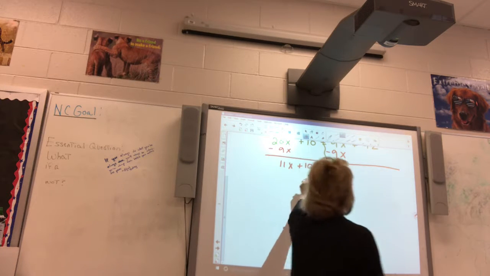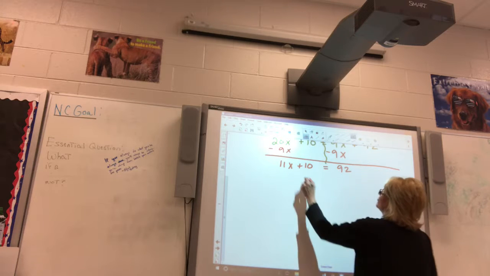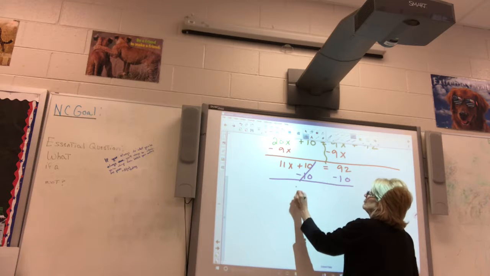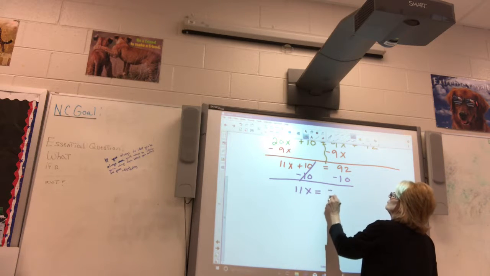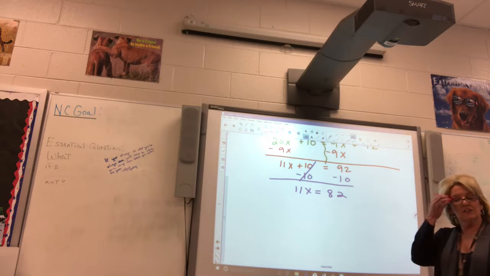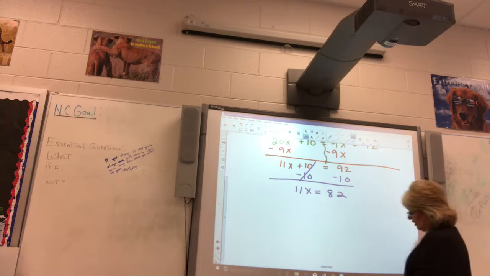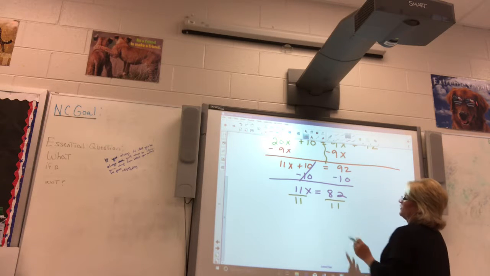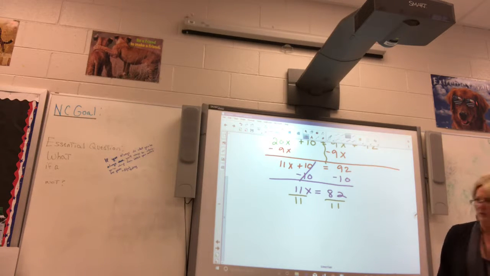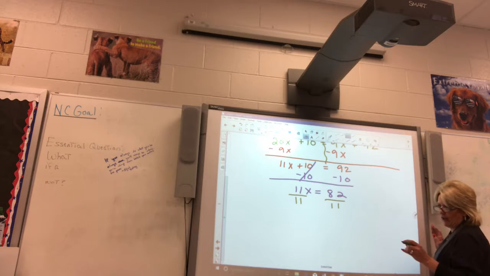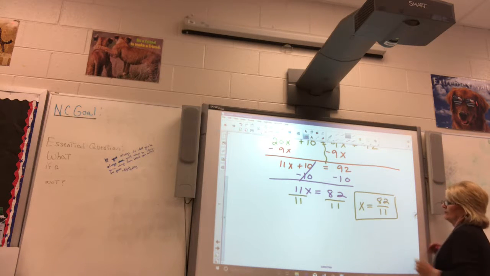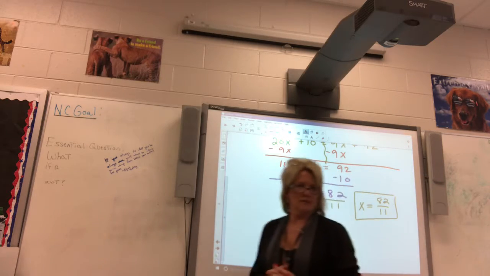Right here's an addition. And then undo division or multiplication. Now, if you are left with a fraction that cannot be reduced, leave it as a fraction. In this case, x equals 82 over 11. And that problem is solved.